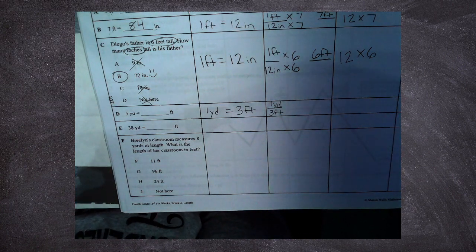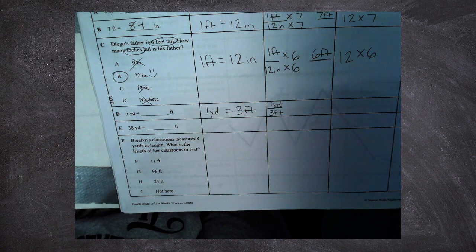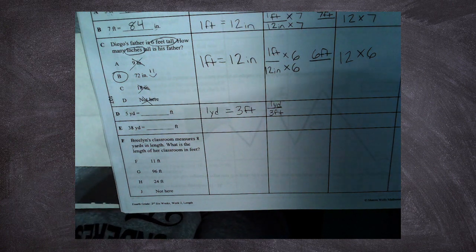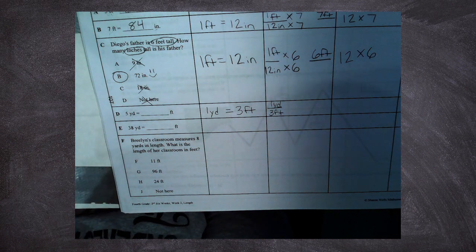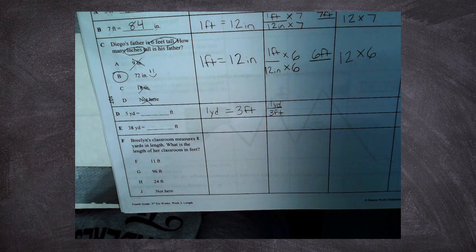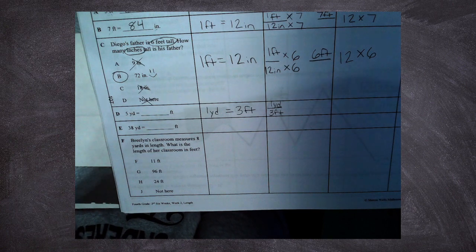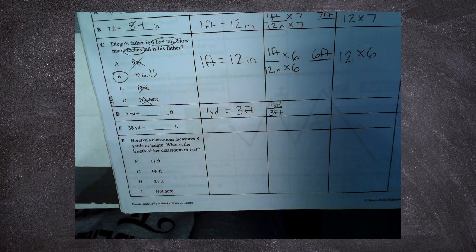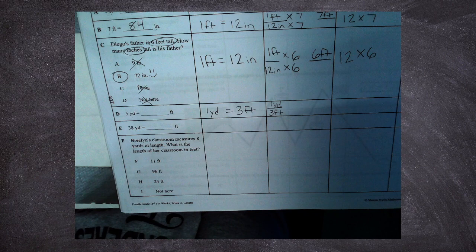Under length, it's split into 2 parts, customary and metric. Customary is on the left side, so that's the part we're looking at. Okay? If you look on that side, it tells you how to change from one unit to the other. That's why we call it a conversion chart. It's going to tell you how to change from miles to yards, from miles to feet, from yards to feet, and from feet to inches.